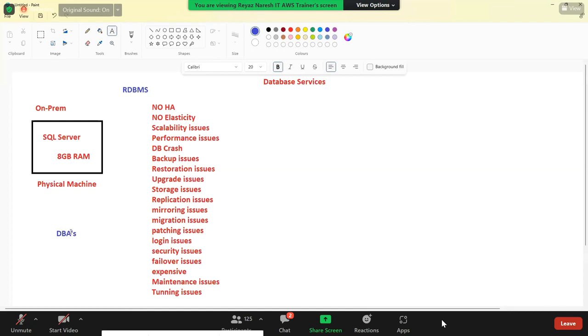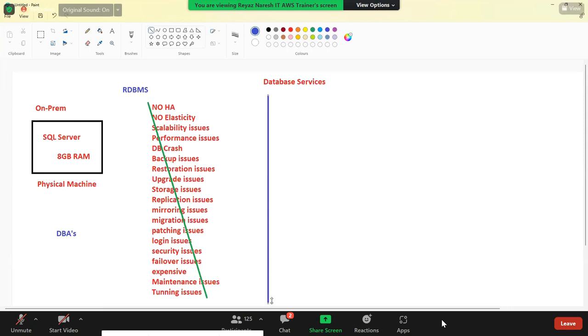But how to resolve this? AWS has seen all these problems, and said: hey customer, you no need to worry about all these things anymore.